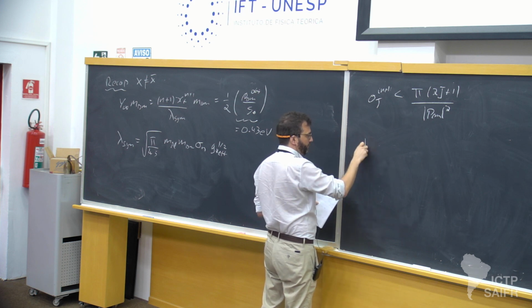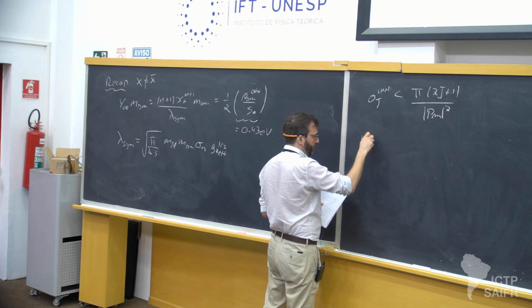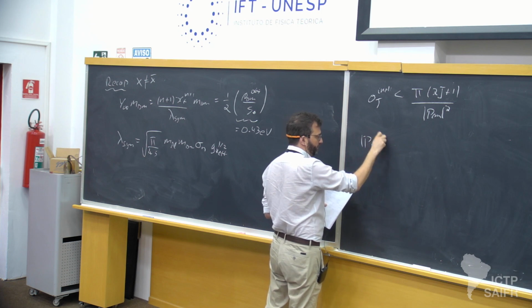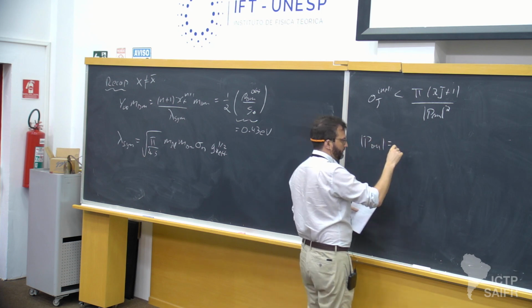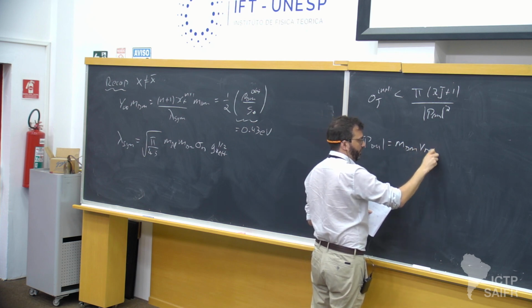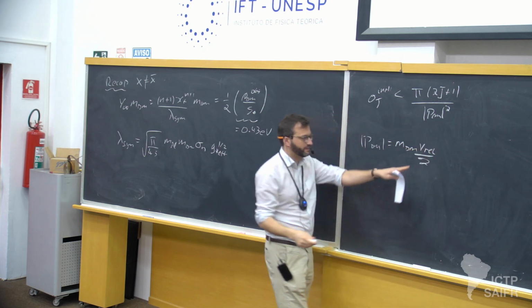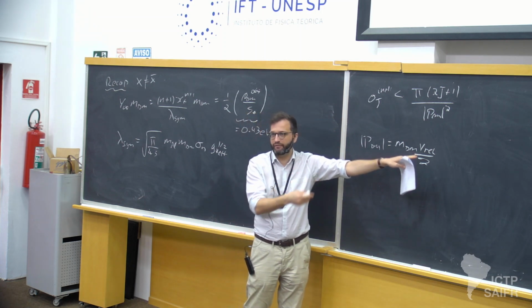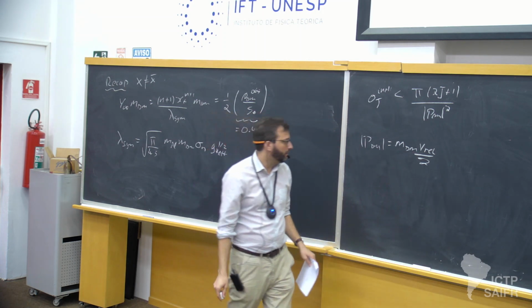each of our dark matter particles in the non-relativistic limit has momentum M dark matter V rel on 2. Yeah? You can go in the center of mass frame, then each has half the relative velocity. Okay?